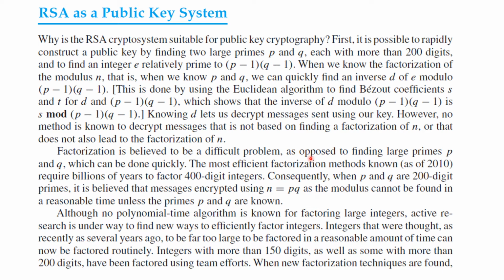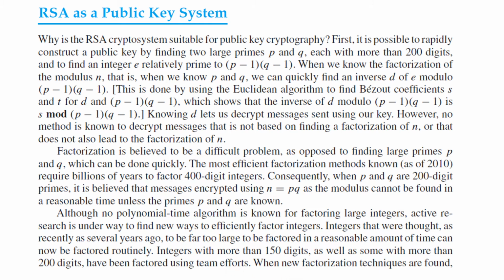But a lot of progress is being made. Although no polynomial time algorithm is known for factoring large integers, this is a subject of active research to find new ways. Integers that were once thought too large to be factored can now be factored. Integers with more than 150 digits, as well as some with more than 200 digits, have been factored using team efforts.